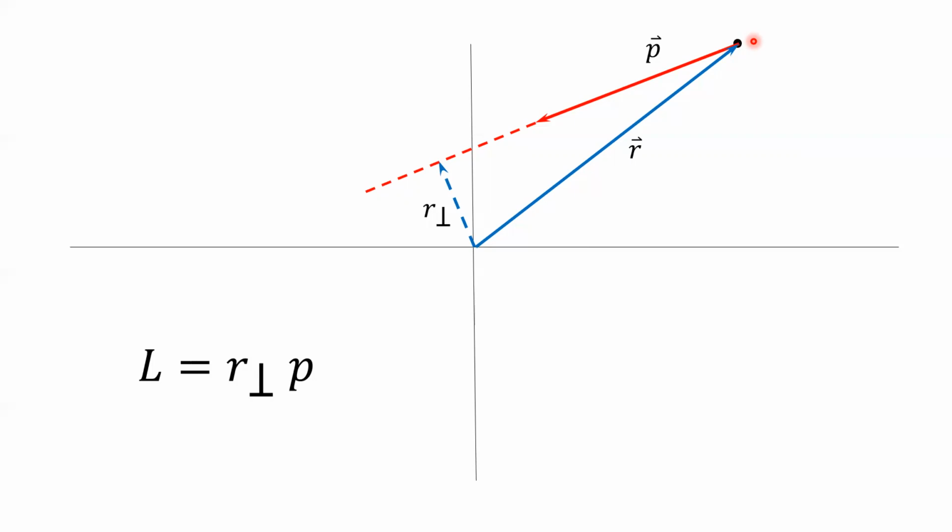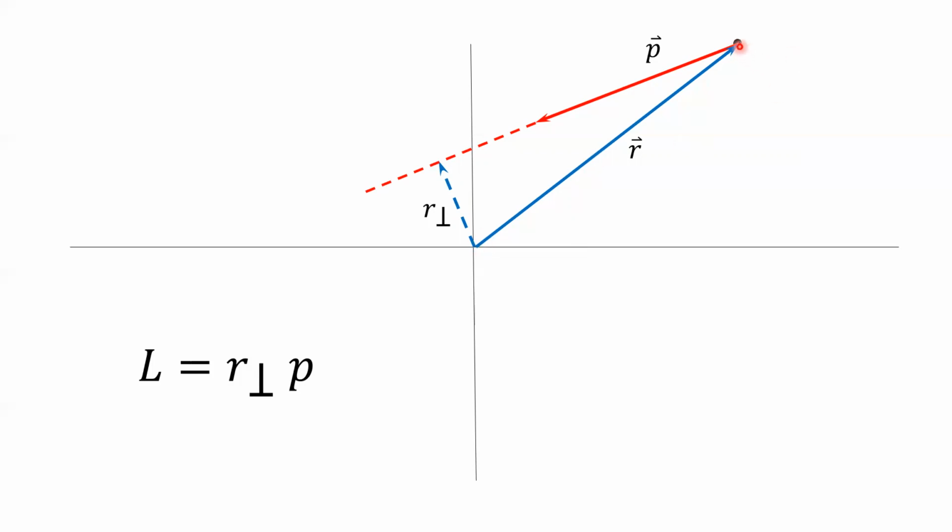It would not be moving in a straight line, but we're just looking at one instant in time here. So I've drawn R, and I've resolved it into at least the perpendicular component. Notice that in this instance, I did have to extend the P vector so that I could visualize R perp. And this is counterclockwise motion about the origin, so the angular momentum would be coming out of the page.